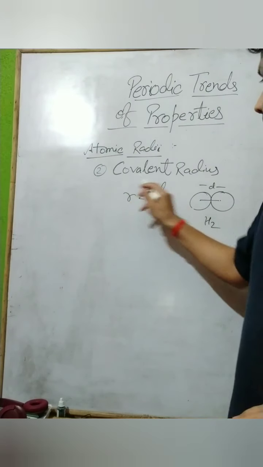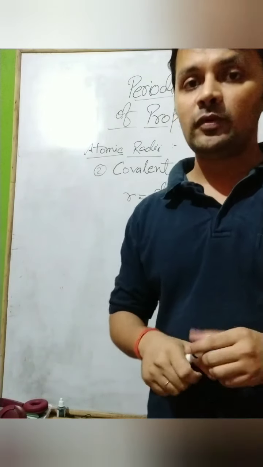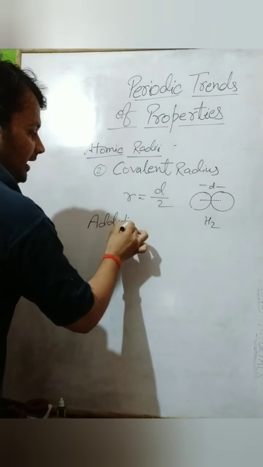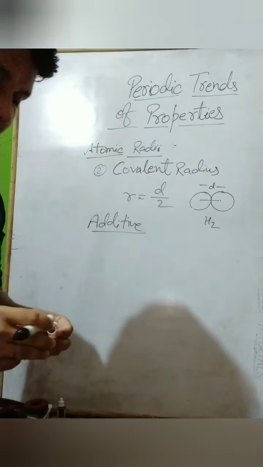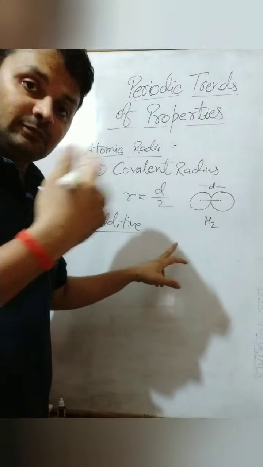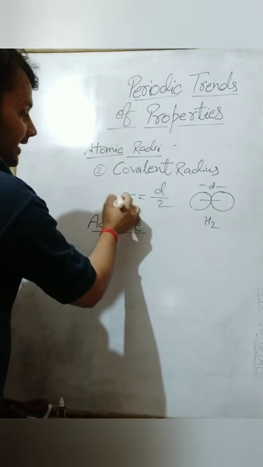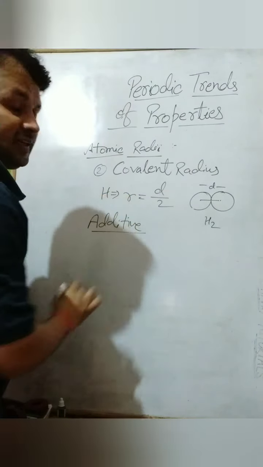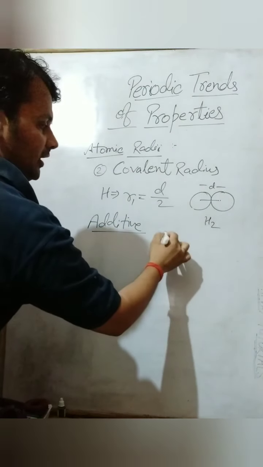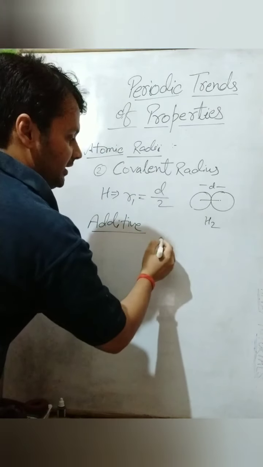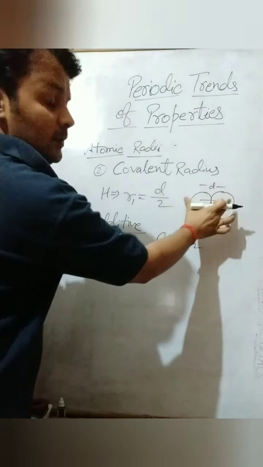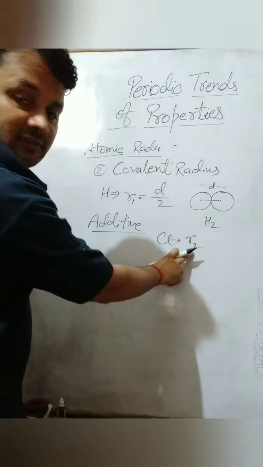Now this covalent radius is additive in nature also. By this I mean, for example, if by some techniques we calculate the radius of hydrogen, and chlorine gas also we know. If for hydrogen we have calculated the distance, let's consider it is R1. Now by the same method, if we calculate the radius of the chlorine atom, and it is R2, by the same method, the distance between the two atoms in chlorine, Cl2, R2 will come.